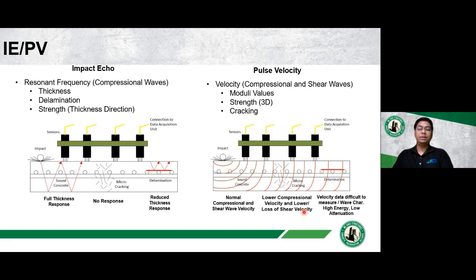On the other hand, the pulse velocity technique analyzes both compressional wave and the shear wave to get an in situ compressive strength of the concrete section and the modular values as well. So in terms of the characterization of the material, pulse velocity gives you more of a 3D picture of the structure, whereas impact echo gives you more of a 2D picture, or information about the concrete structure in the thickness direction.